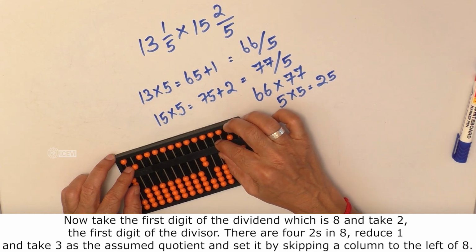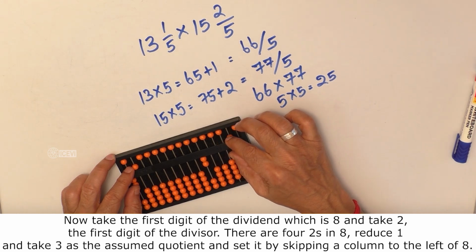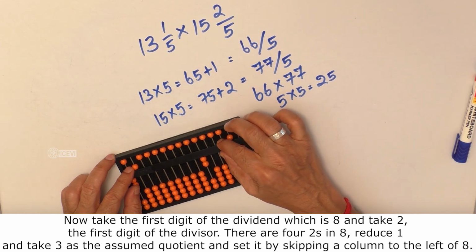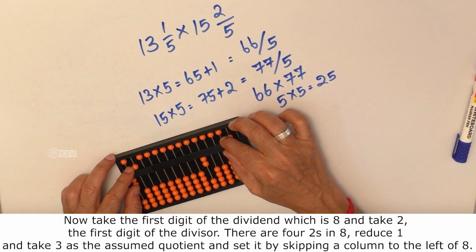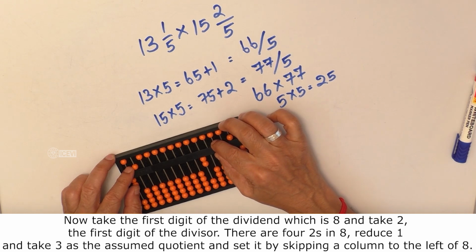Now take the first digit of the dividend, which is 8, and take 2, the first digit of the divisor. There are 4 2's in 8. Reduce 1 and take 3 as the assumed quotient and set it by skipping a column to the left of 8.